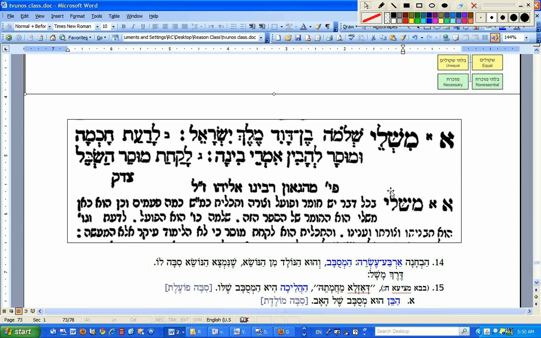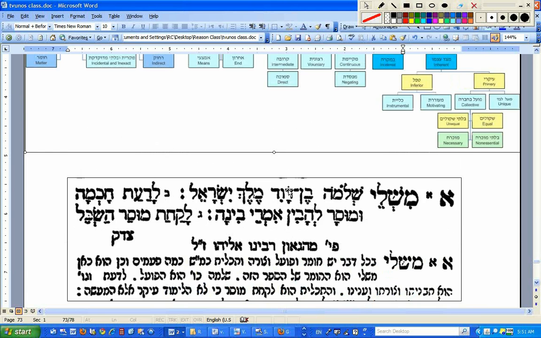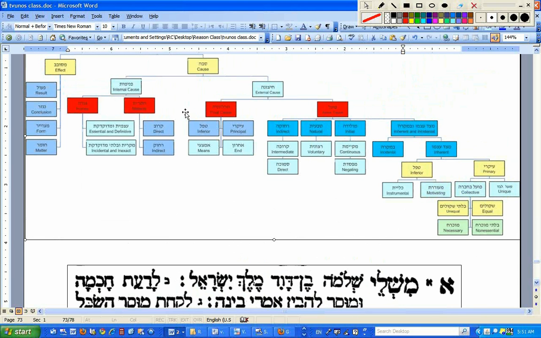Okay, this is the peirush of the Gaon Vilna. He says, in everything, the Vilna Gaon says, yesh chomer, poel, v'tzura, v'tachlis. Isn't that interesting what the Gra just said? Chomer, poel, tzura, tachlis.